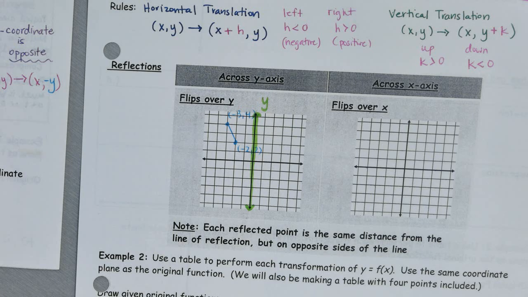And then label those points. So once you graph it, label the points. And then I want you to start thinking about the rule. What's the rule going to be?